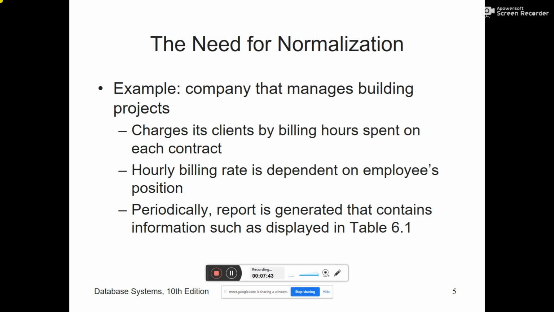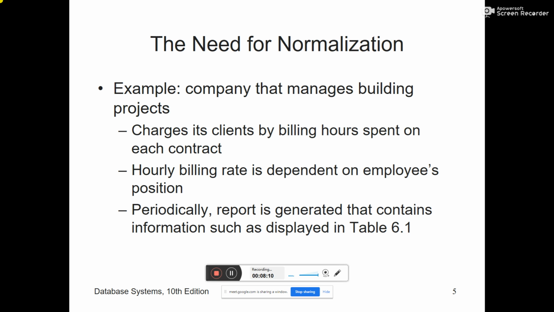Okay. For the discussion of the rest of the lecture, we will go through this example. We consider a simple database of the activities of a construction company, and this company has several building projects.